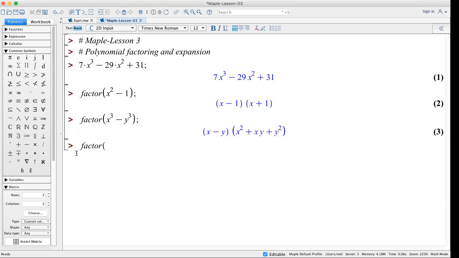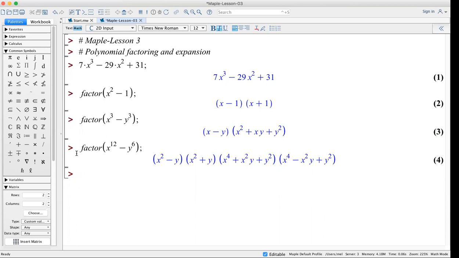If you have something that's not quite so obvious, maybe x to the 12th minus y to the 6th, and you want to factor it, wow. Might be hard to do that by hand, but that's the factorization. So that's a simple command for factoring a polynomial.